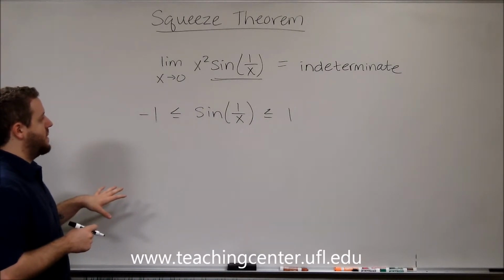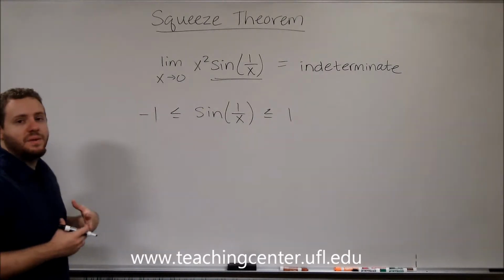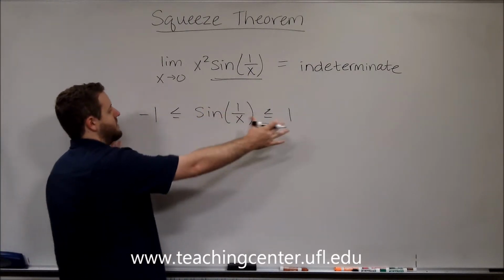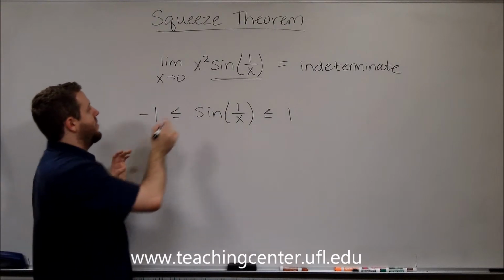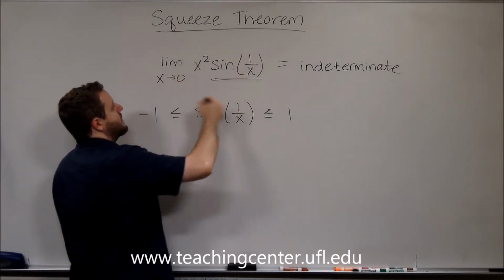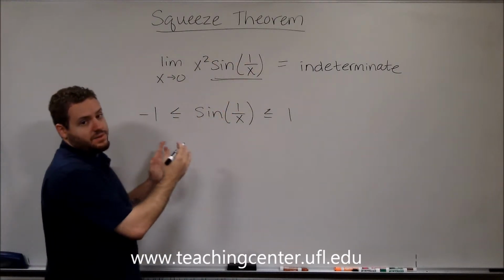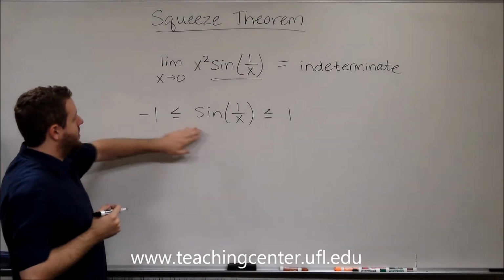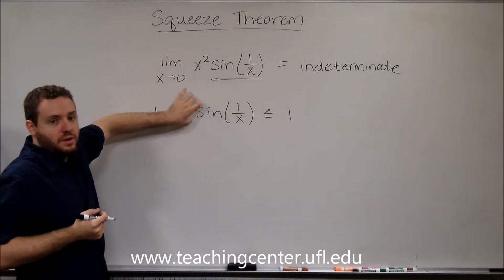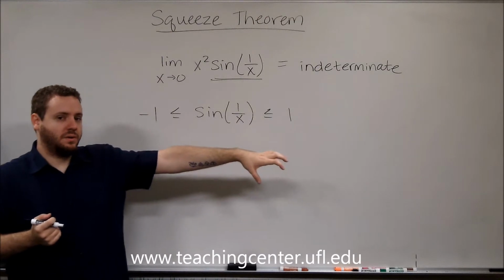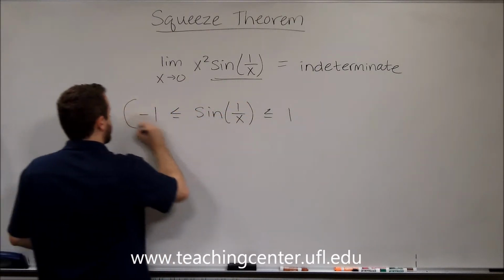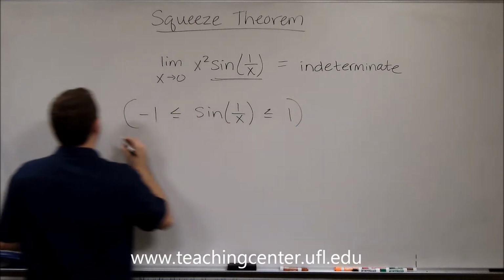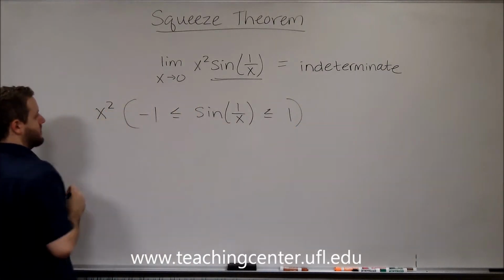If we know that this is bounded, the next step is to multiply or divide this whole inequality by something such that we get our whole original problem in the center. The only thing we're missing here is the x squared in front. So if we multiply everything by x squared, we'll get this in the center of our inequality. So I take everything here and multiply it by x squared.